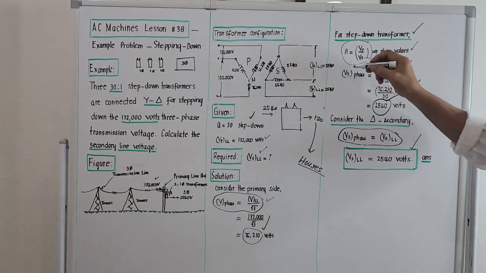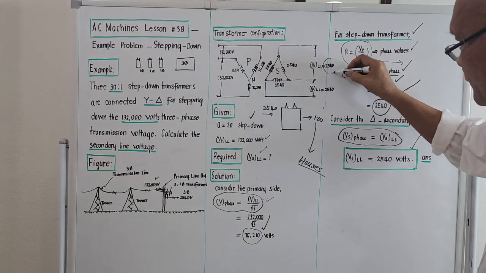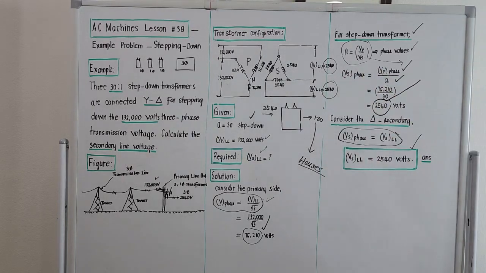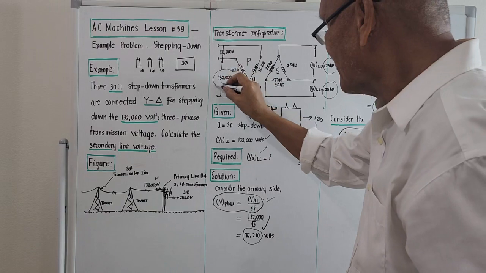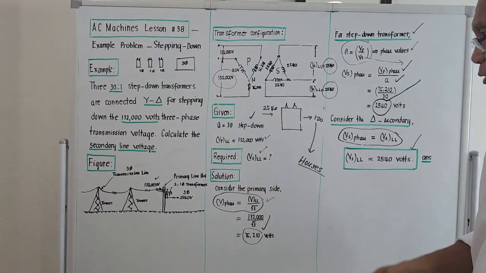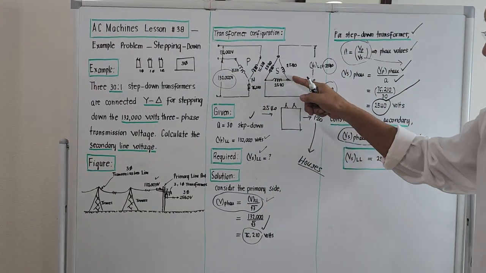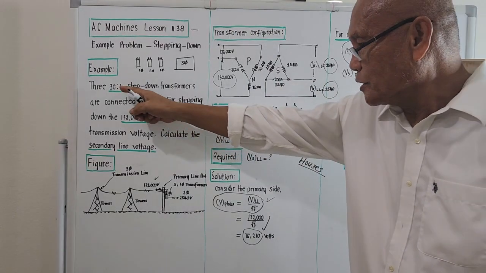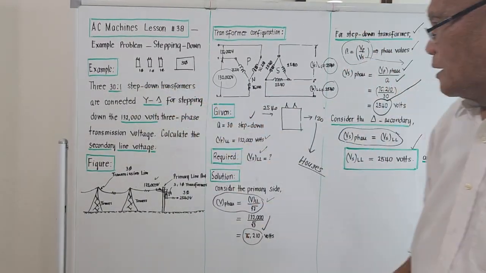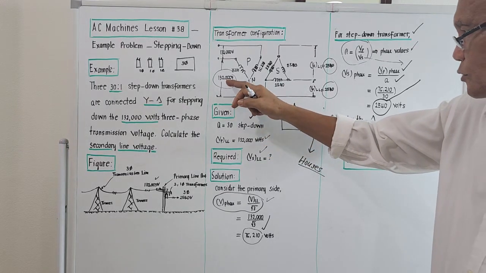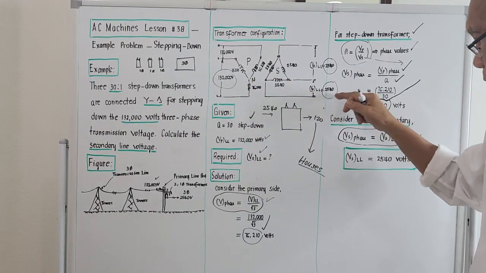The output here will now be 2540. From a value of 132,000, by using the Y-delta connection with a transformation ratio of 30 and the given step-down specification, we have reduced this 132,000 to 2540 volts.